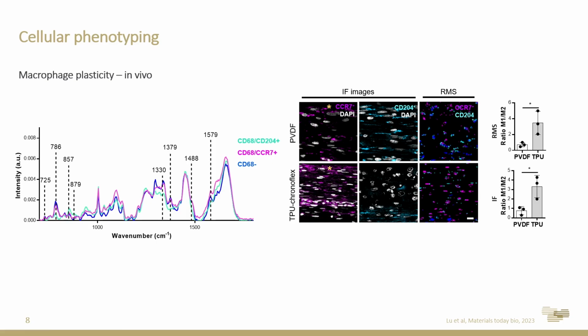So we use those macrophage patterns to go into tissues where we also have other cells around, where we also have other proteins around, and try to combine or compare the sensitivity of our Raman approach, which you can see in the right column, to basic immunofluorescence imaging of surface markers of macrophages.